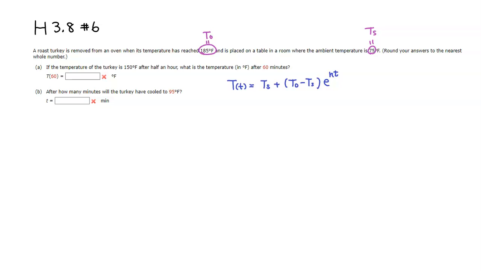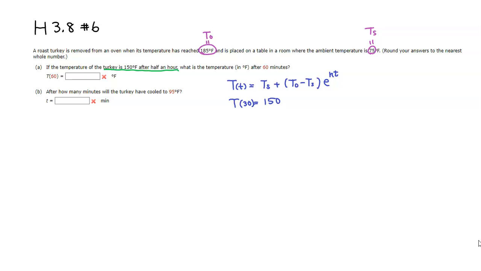Another clue: the turkey is 150 degrees Fahrenheit after half an hour. So 30 minutes after, capital T of 30 is equal to 150. We can use that to find k.